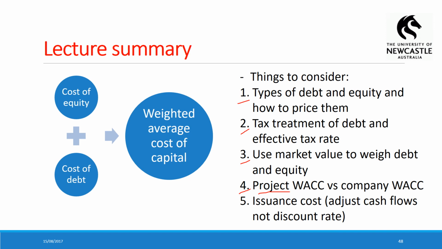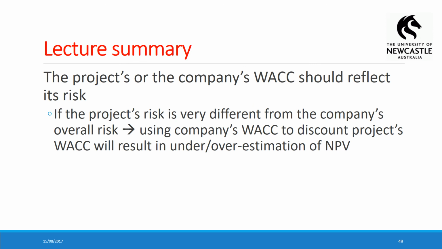So we have to be careful here if the project has a different risk compared to the company, right? Issuance costs. Issuance costs should not affect the value of the weighted cost of capital, because it's not supposed to be an ongoing cost, yeah? It should be adjusted straight away in the cash flows, right? Okay, so the project's or the company's cost of capital should reflect the risk of the project or the risk of the company itself, yeah?